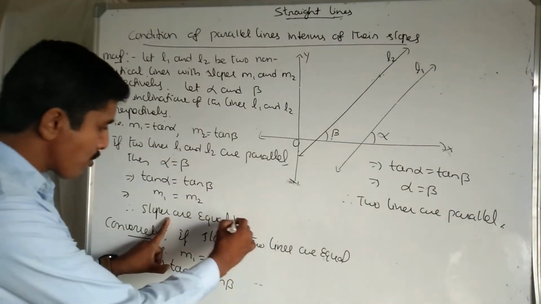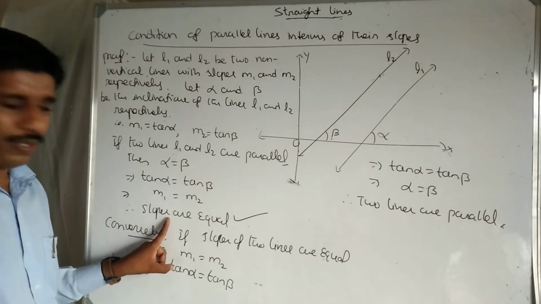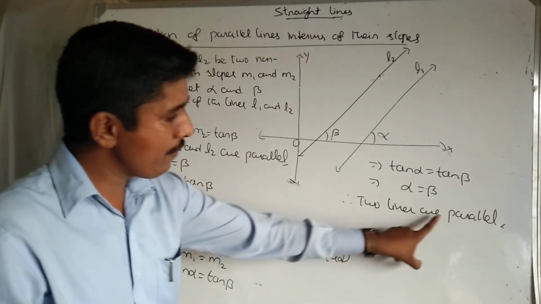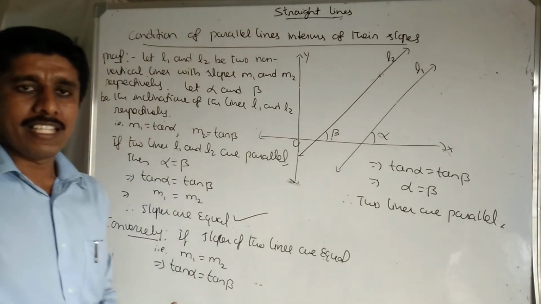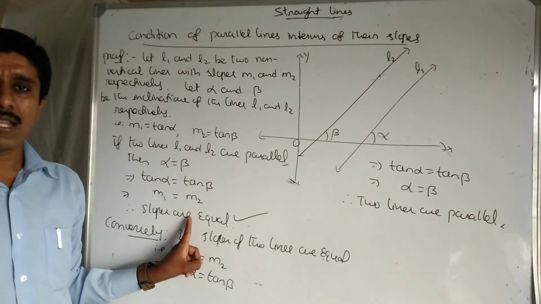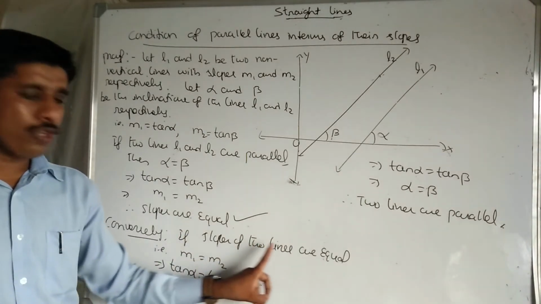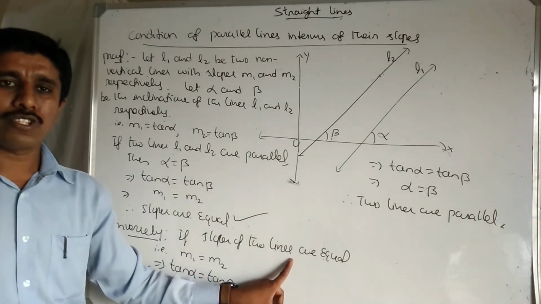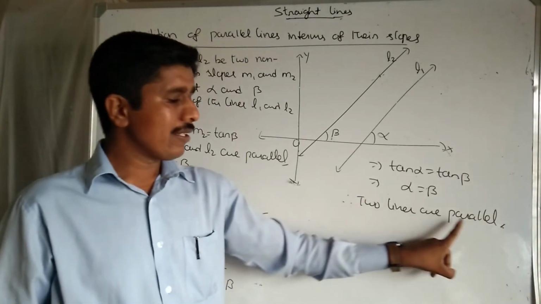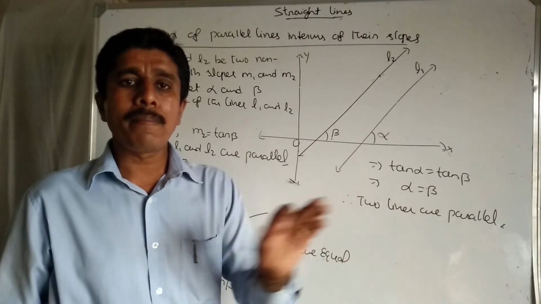If slopes are equal, finally we get that the two lines are parallel. This means that if two lines are parallel, their slopes are equal, and if the slopes of two lines are equal, then the lines are parallel.